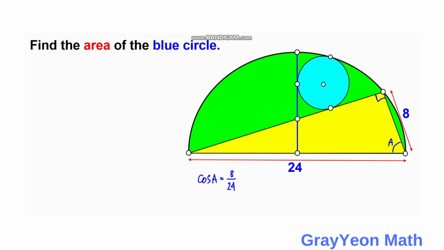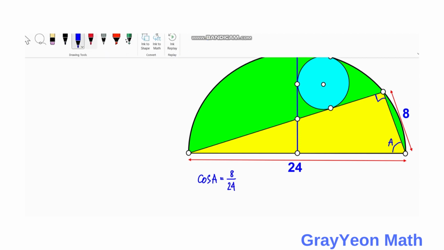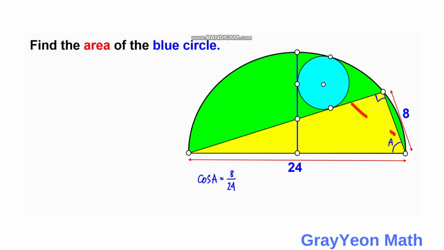Okay, so as you can see, this larger triangle is a right triangle, and it is similar to this smaller right triangle.